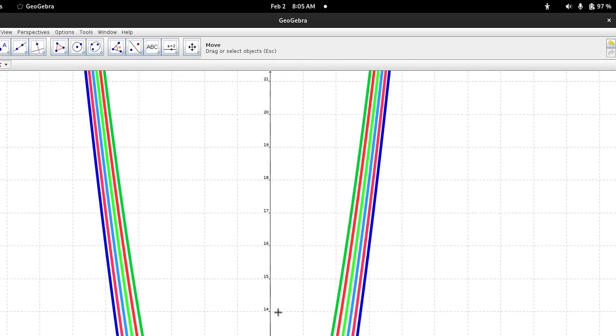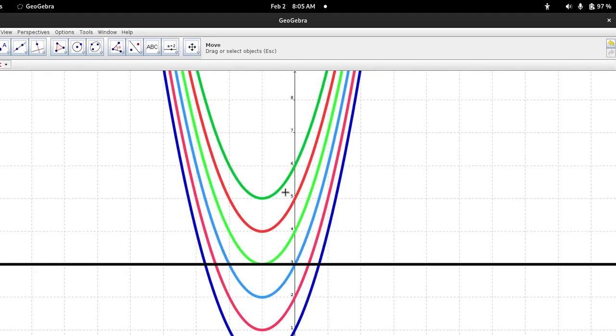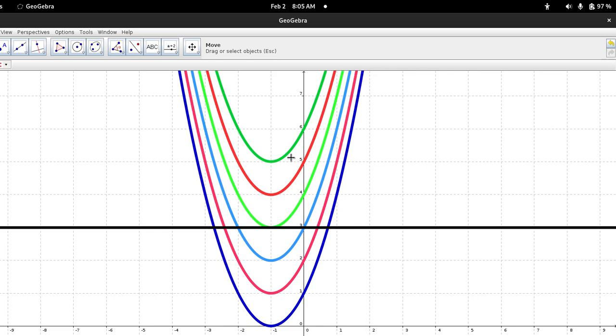So here we can say that these curves don't have any particular meeting point.